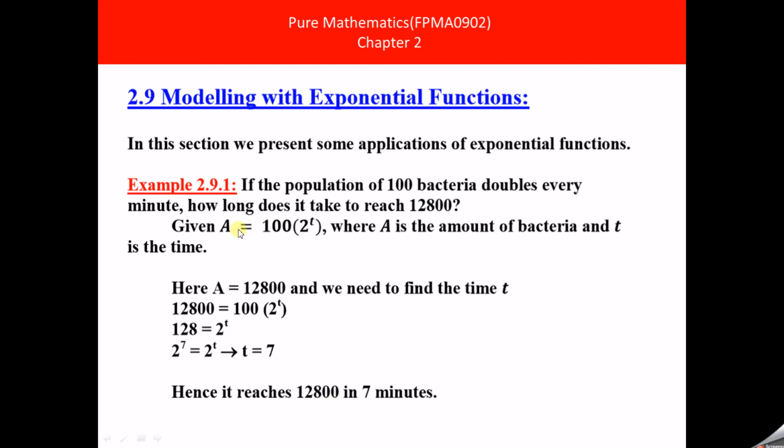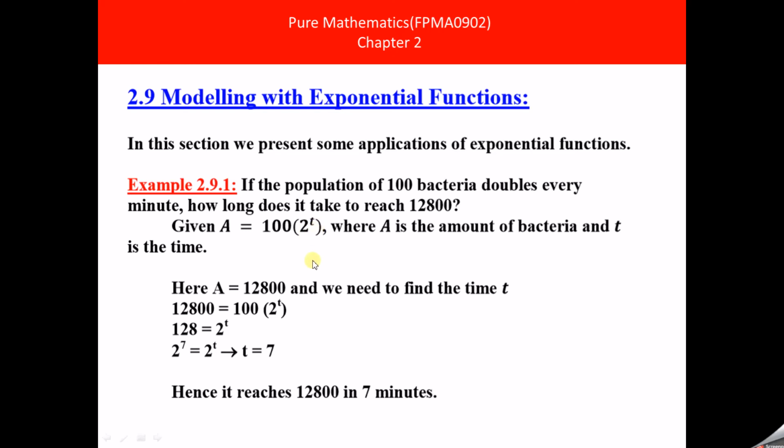So the main point here is forming this equation. The amount of bacteria A is equal to 100 times 2 power t, where 100 is the starting population. Why are we writing 2 power t? Because it is doubling each time it increases by 1 minute. Here the time is given in minutes, and each time it is doubling, so we write 2 power t.